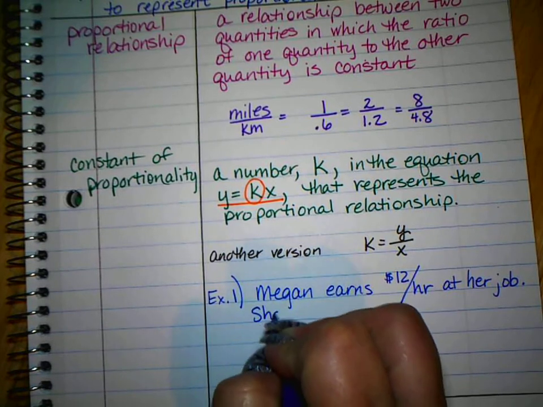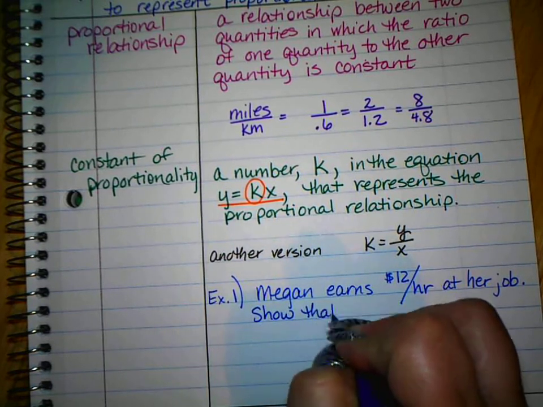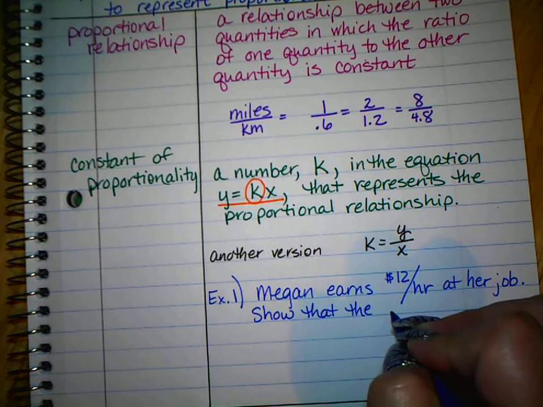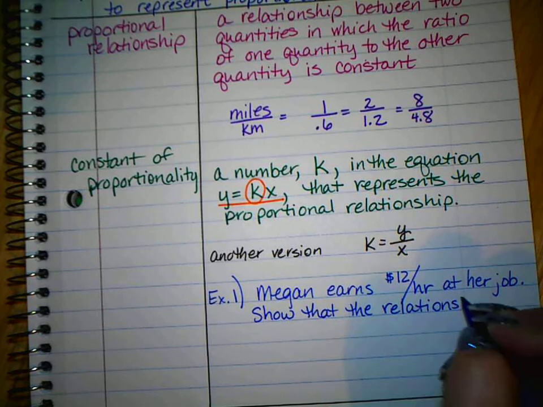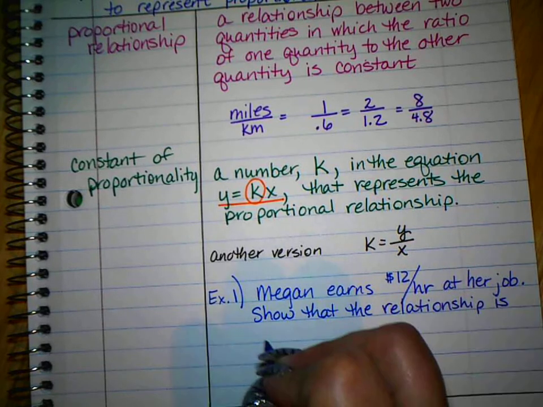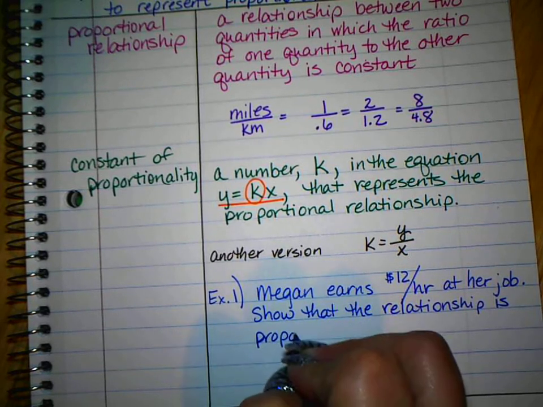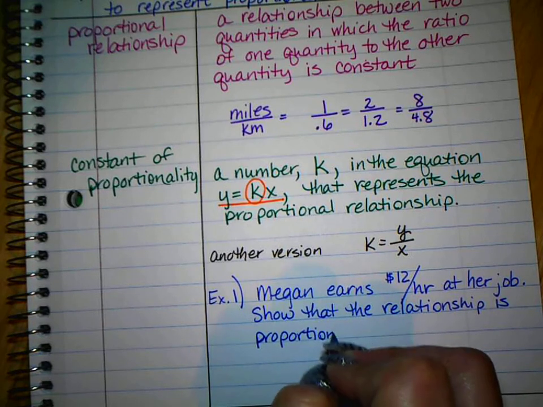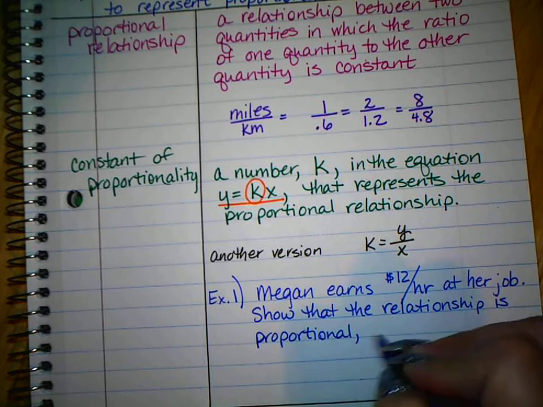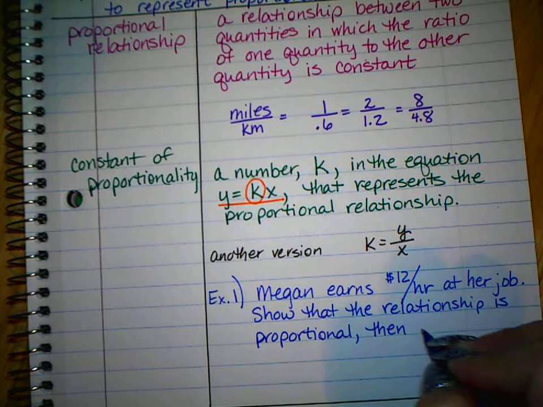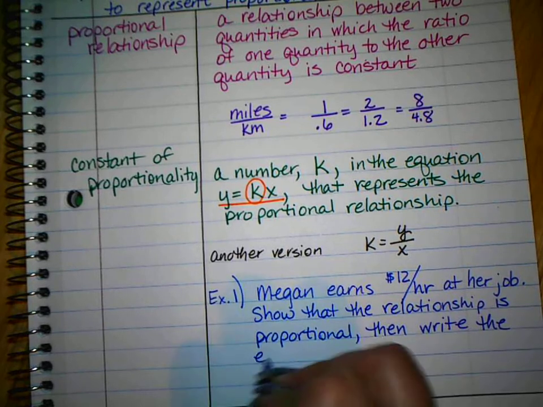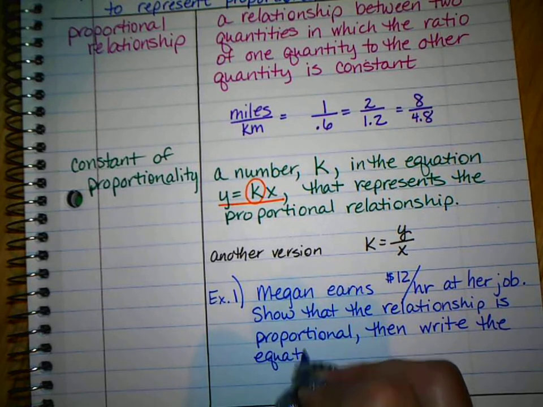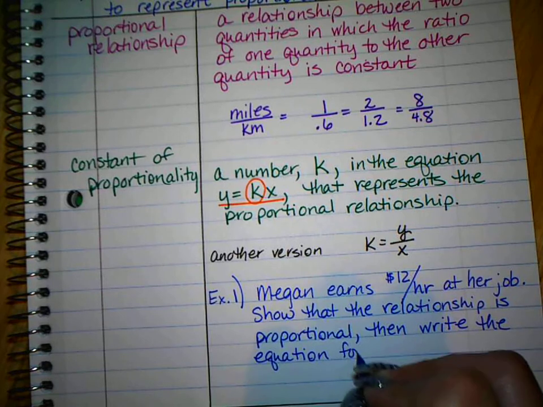So I'm going to say show that the relationship is proportional. Then write the equation for the relationship.